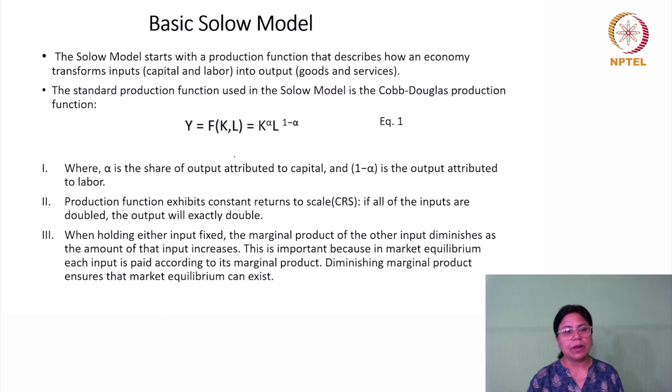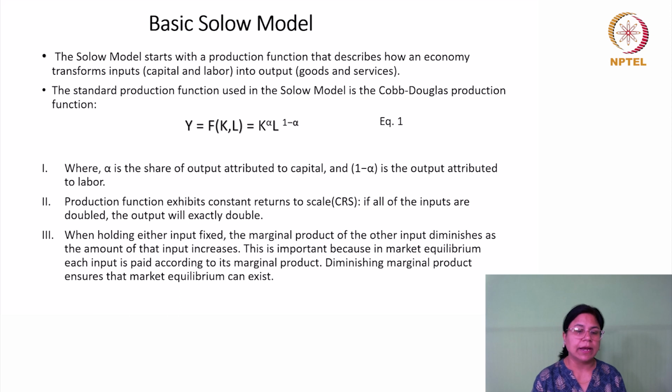This production function exhibits constant returns to scale. That means if you double all the inputs, the output also doubles. You will also know that there is increasing or decreasing returns to scale, but in this model, the assumption is constant returns to scale.